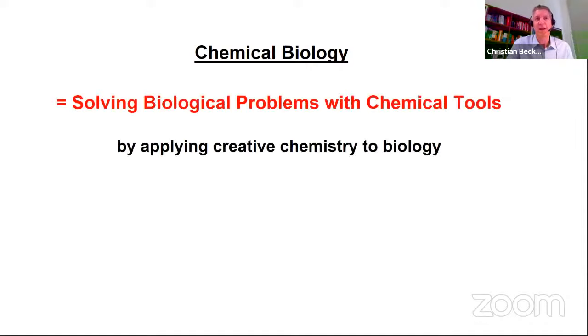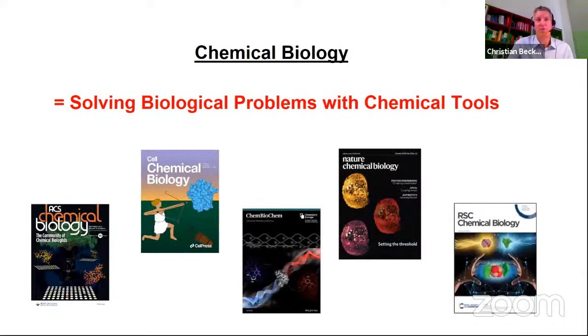It differs from what we usually call biochemistry by not looking really at the chemistry of biomolecules, but rather by using creative chemistry to elucidate biological problems, to solve biological questions we have, or to manipulate more complex systems by using chemistry, analytical tools, and so on. And its dynamic development and its already quite big name in science is also reflected by the number of journals that are using the name chemical biology.